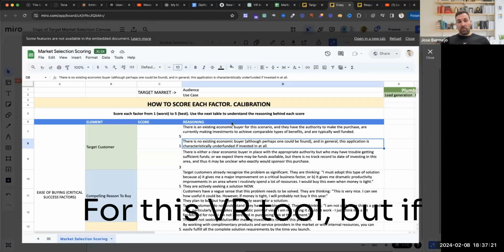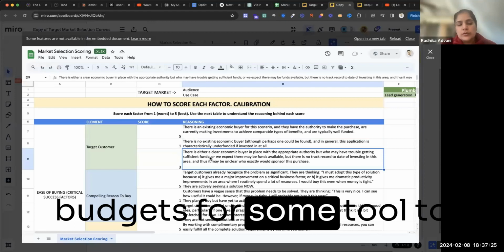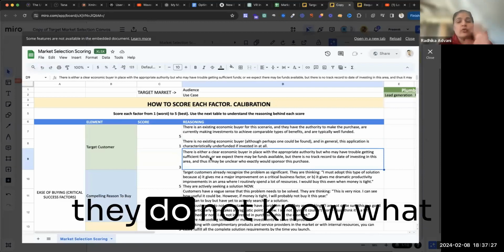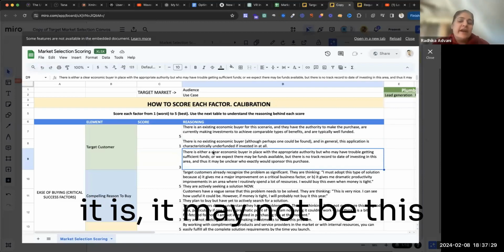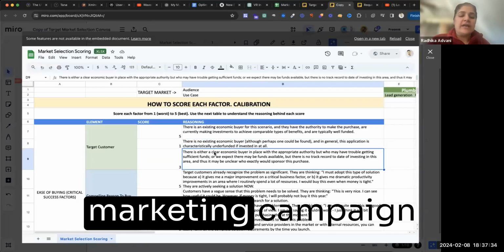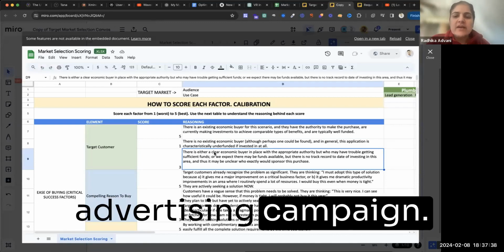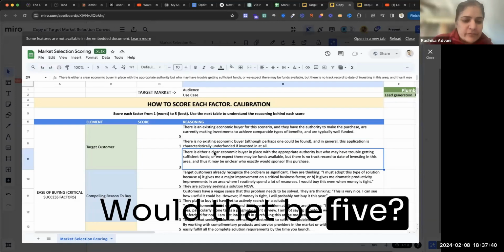But if they were allocating budgets for some tool to improve their sales and they do not know what it is, it may not be this VR thing or showroom. It could be that they want to invest in a marketing campaign or a Facebook advertising campaign. Would that be a 5?